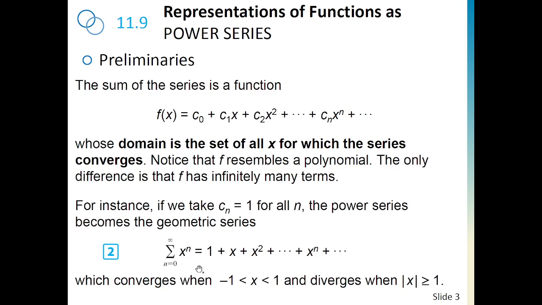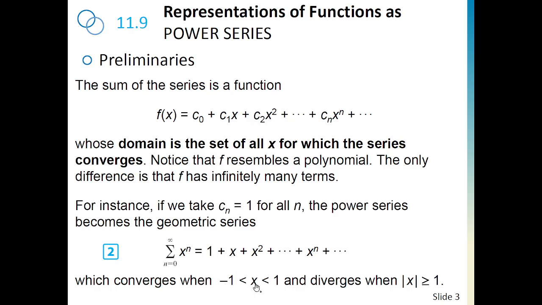We remember our series of x to the power n. This is a geometric series. Obviously it's a power series, but it's also geometric. First term is 1 and the ratio is x. And we know for a geometric series the convergence condition is that the ratio in absolute value, so here the absolute value of x, needs to be smaller than 1.